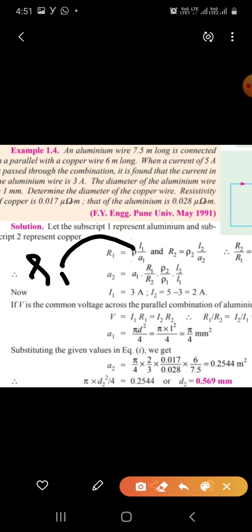It is rho 1. So we can write R1 is equal to rho 1 L1 by A1, and for R2 that is rho 2 L2 by A2.